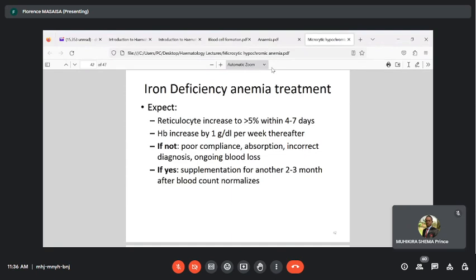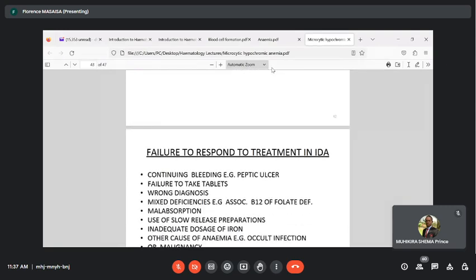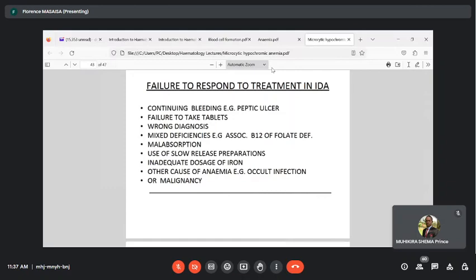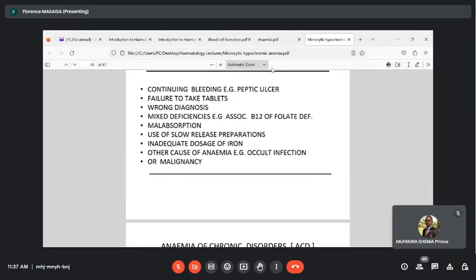If the patient is responding, it's a good response, consider treating with iron for a long time, because sometimes you may be working in a district hospital where you may not have access to iron parameters. So those are the issues to consider. If there's no response, consider other causes of anemia.